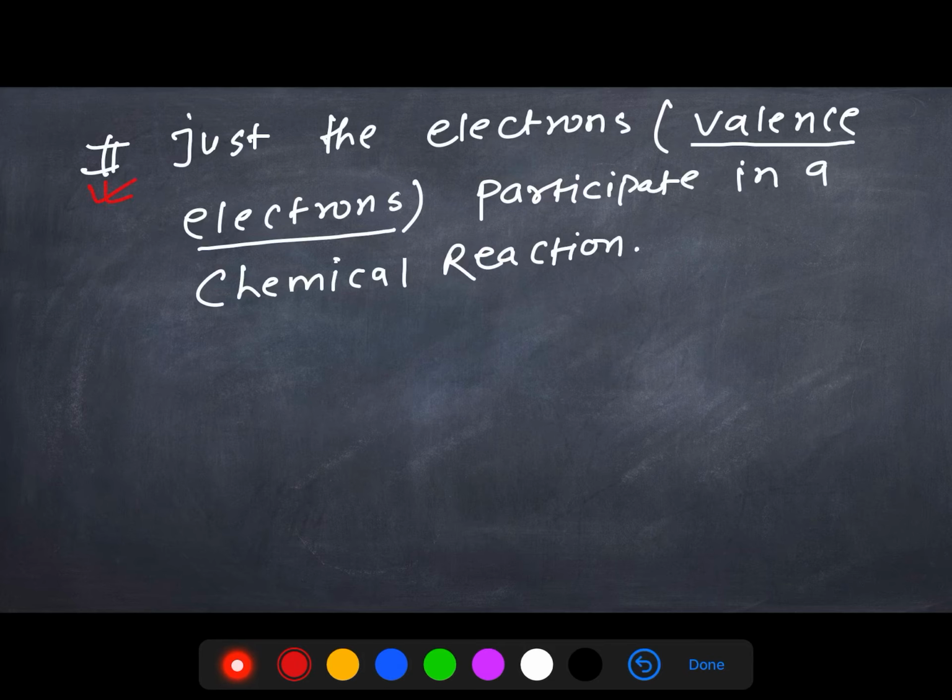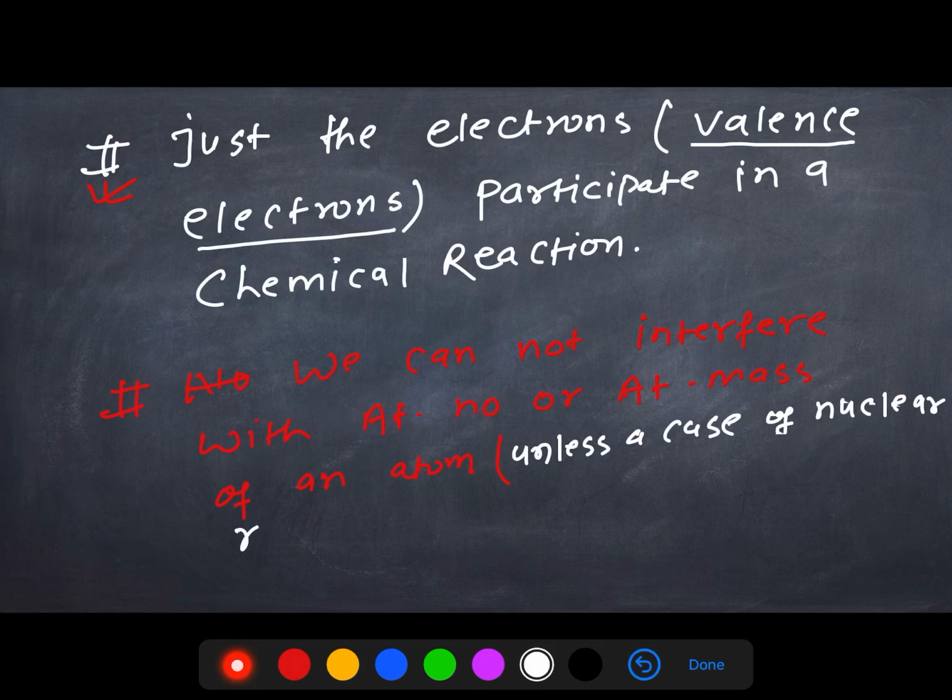So from these two statements, this one and the previous one where we said that the number of nucleons will not change, can we just say that we cannot interfere with the atomic number or atomic mass of an atom, of course, unless it is a case of nuclear reaction, which we are going to study in later classes, right?